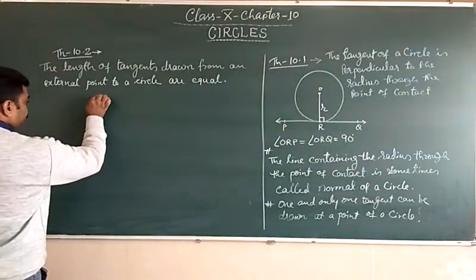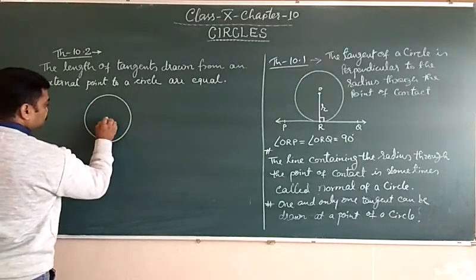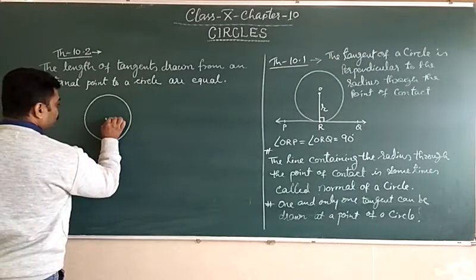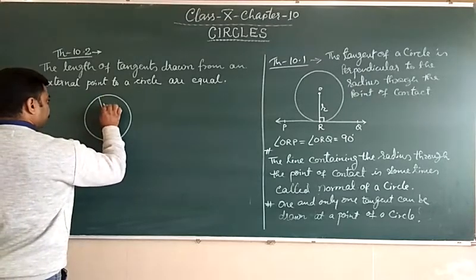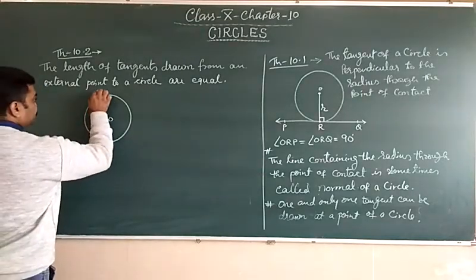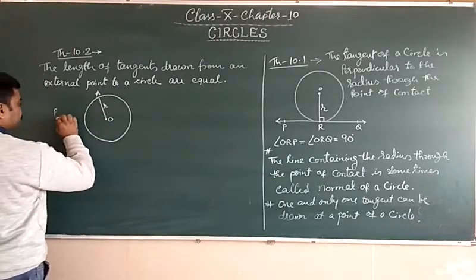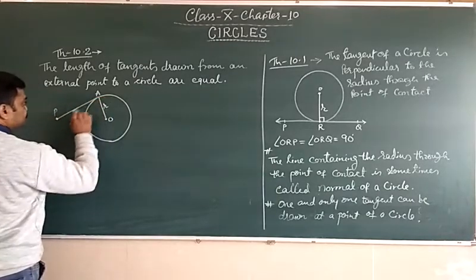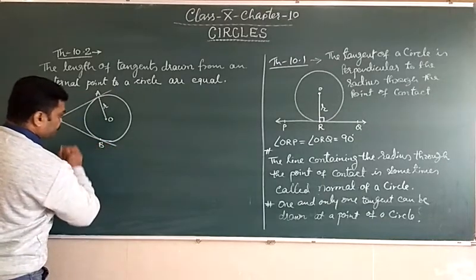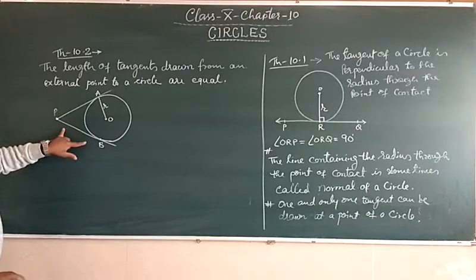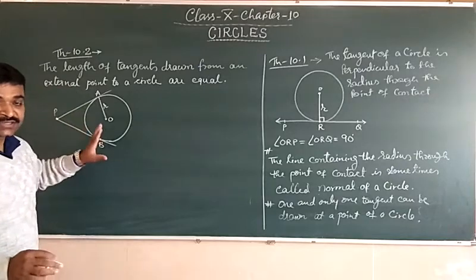See, it's a circle with center O and radius R. Clear? Suppose it is A. This is an external point P. From this P we can draw one tangent here and a second tangent here, B. PA and PB are two tangents. We have to prove that the lengths of these two tangents are equal.